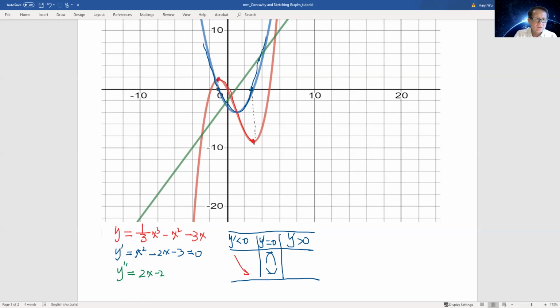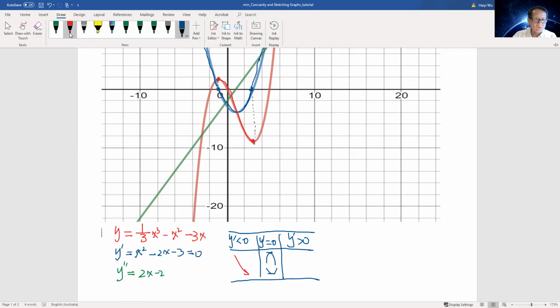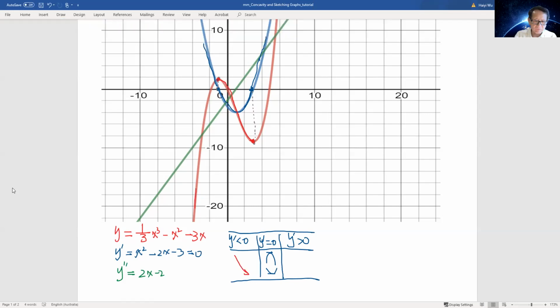If you look at the red line, the original graph, instead of going down, goes up. Can you see on this section the graph, from left to right, goes up? And this section is also on the positive side, and that graph goes up as well.